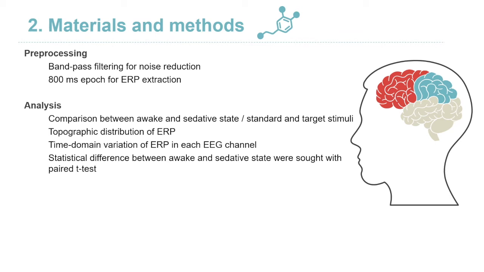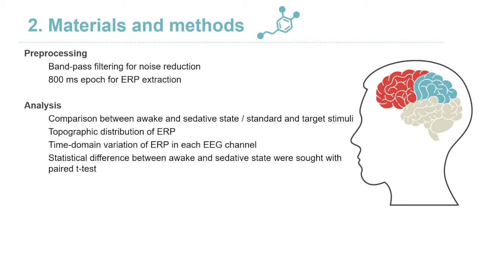With the use of MATLAB software, the detrend function was used to remove each channel's linear trend in the acquired EEG signals. The detrended signals were filtered with a bandpass filter between 1 Hz and 30 Hz. The bandpass EEG signals were then epoched, starting 100 milliseconds prior to stimulus onset, with an 800 millisecond time window.